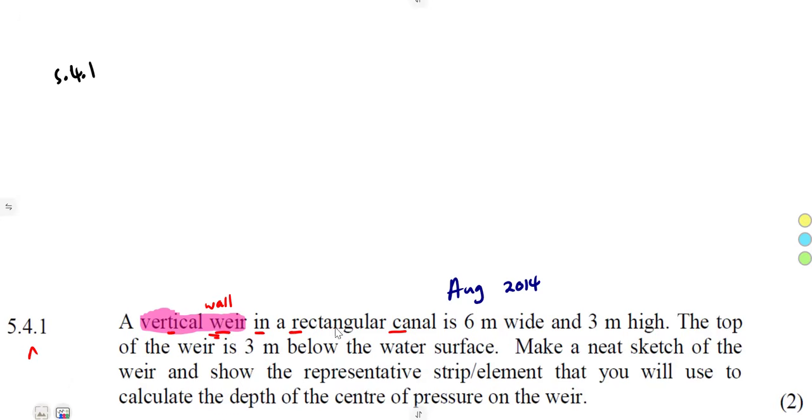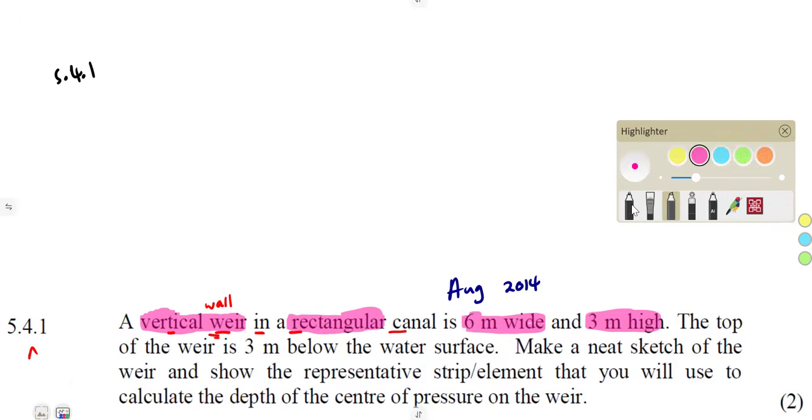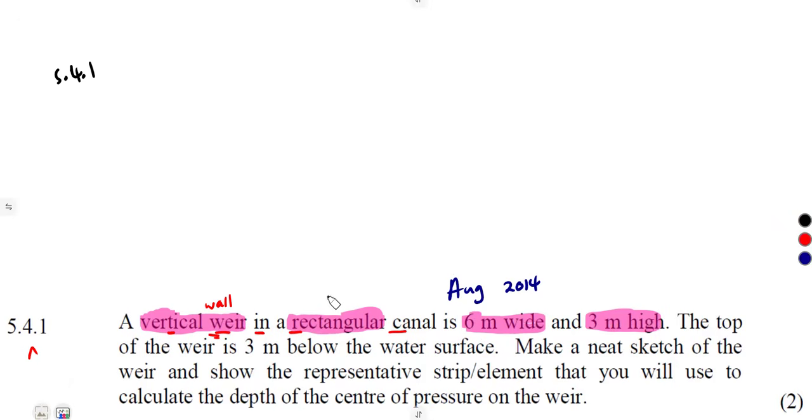The rectangular is just to say the shape is in the form of a rectangle. But these dimensions, 6 meters wide, 3 meters high, are not of the canal. They are of the vertical weir, the wall that we placed in a canal.